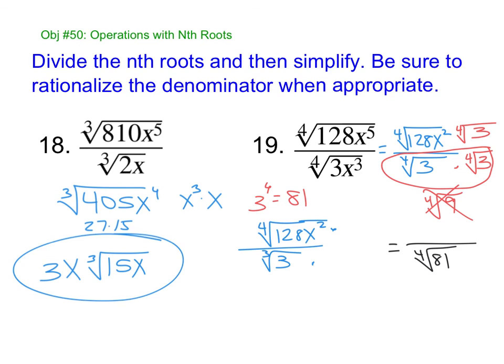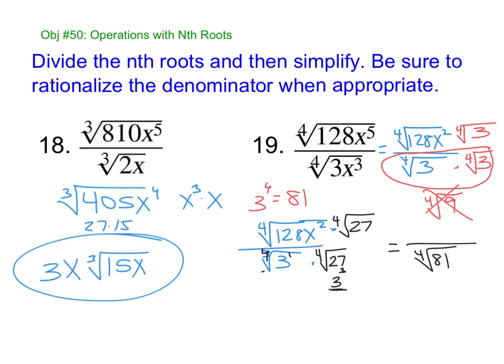So what do we have to multiply by? We're going to multiply by the fourth root of 27 because 3 times 27 is 81. What is 27? That's 3 to the 3rd. I have 3, I need a total of 4, so I need 3 more of them. Fourth root of 27.